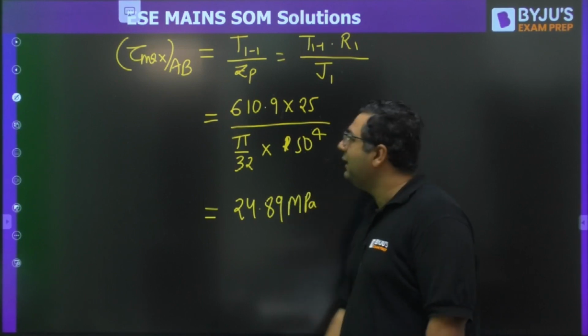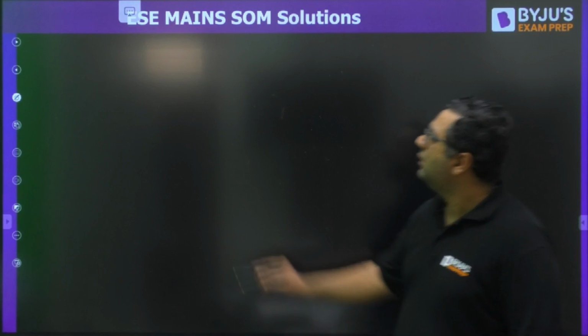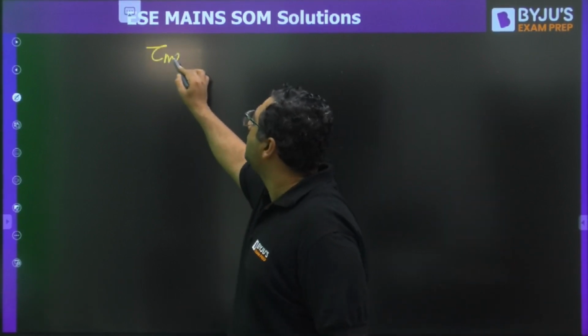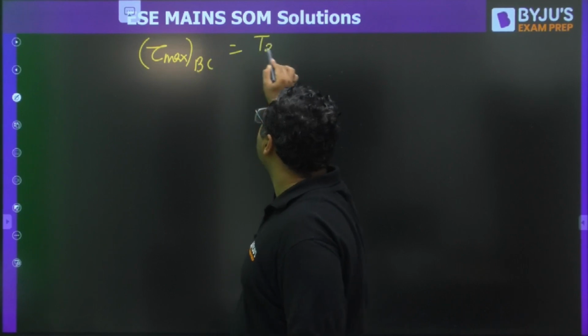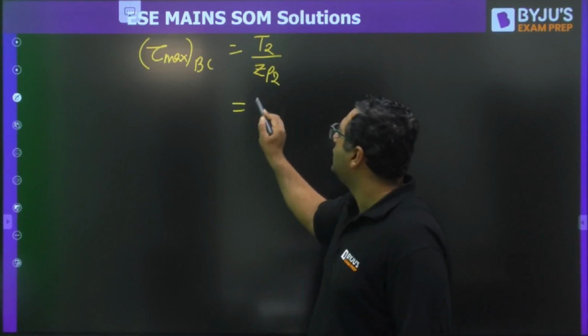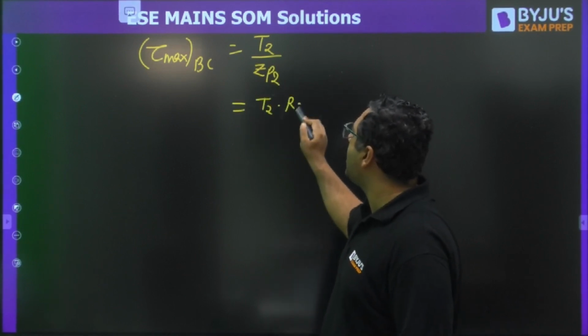Similarly, you can apply this onto the second shaft: tau max BC equals T2 by ZP2, or T2 R2 by J2.